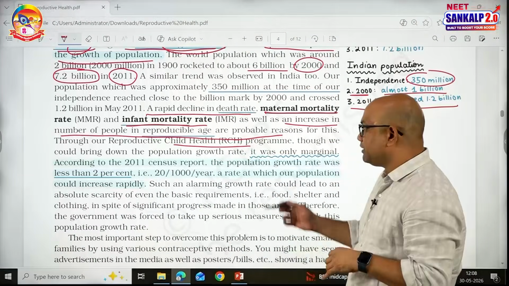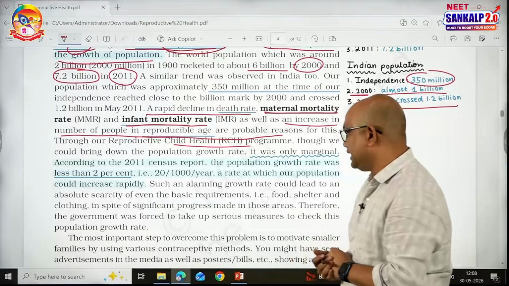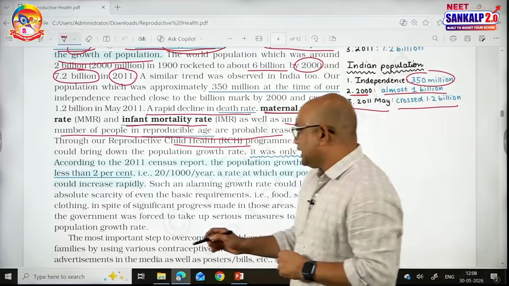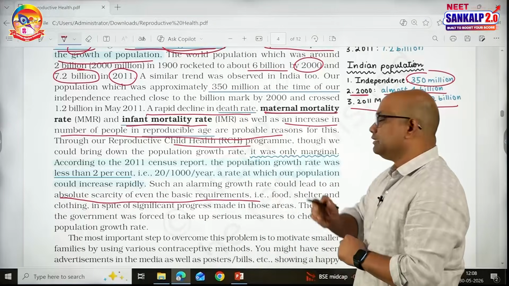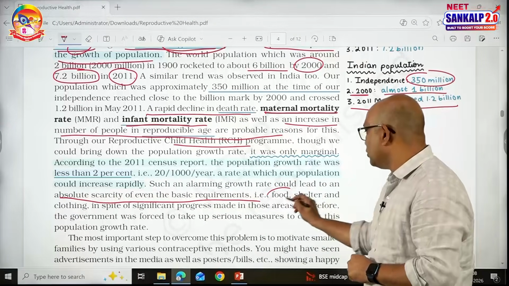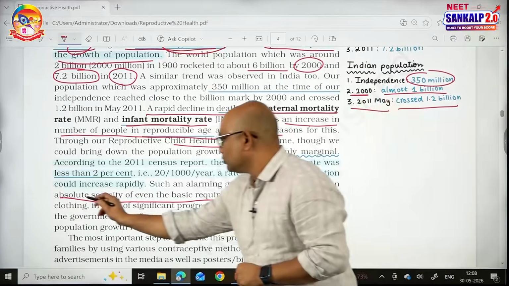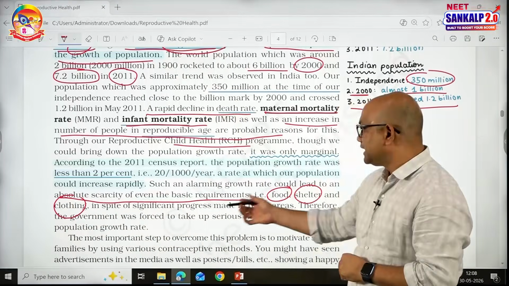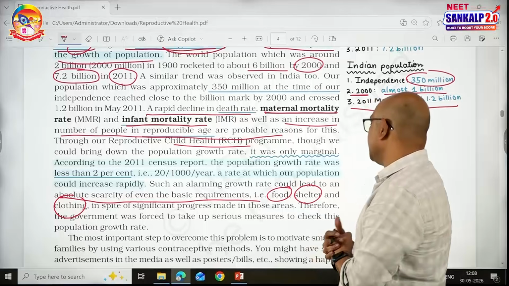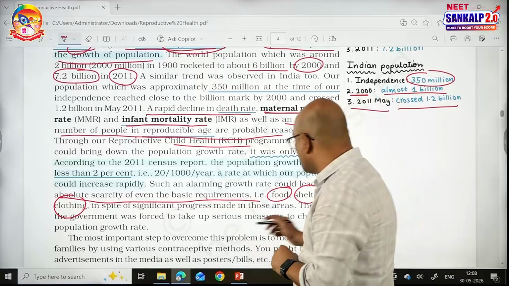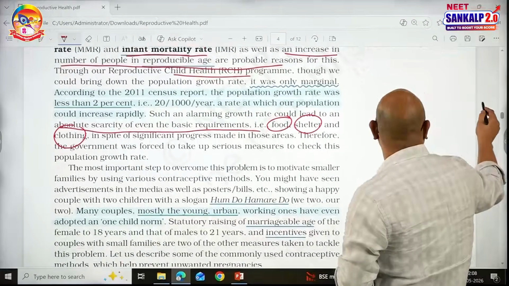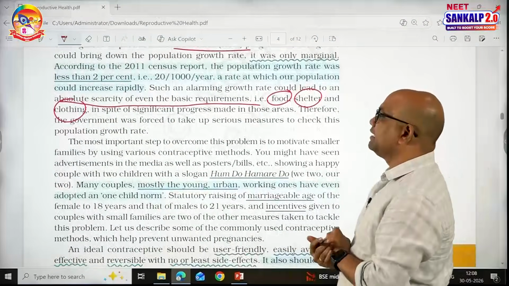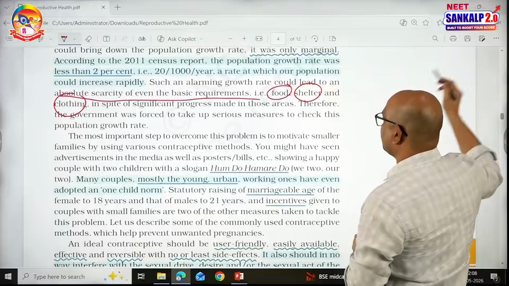At a rate like this, if the population increases rapidly, it can cause absolute scarcity of basic requirements like food, shelter and clothing, in spite of significant progress made in those areas. Therefore, the government was forced to take up serious measures to check this population growth rate. So, what are the measures taken by the government?